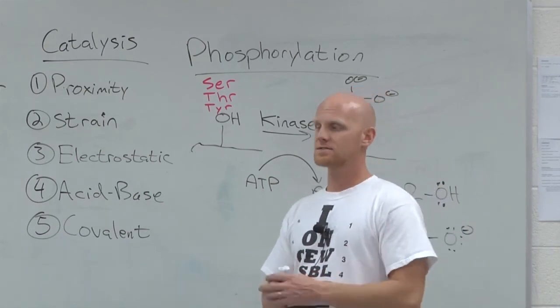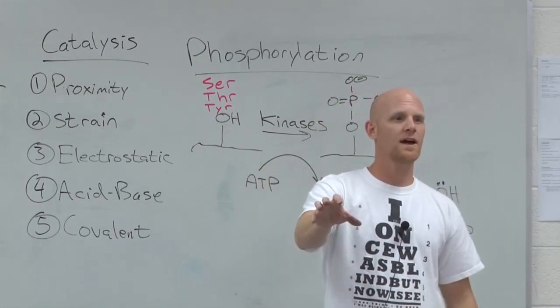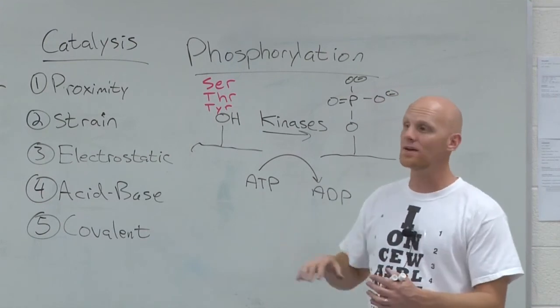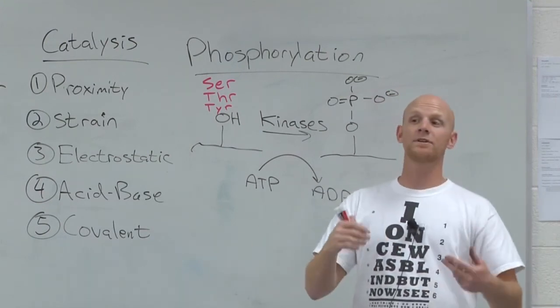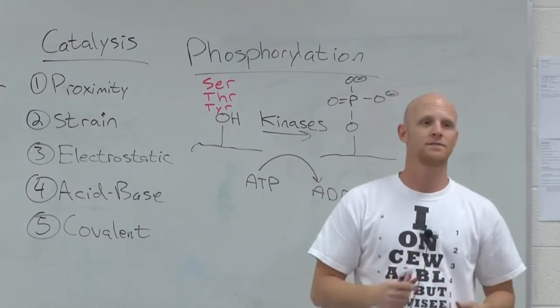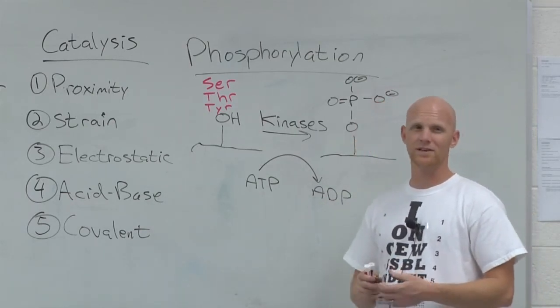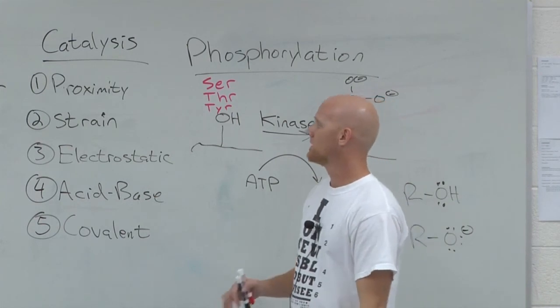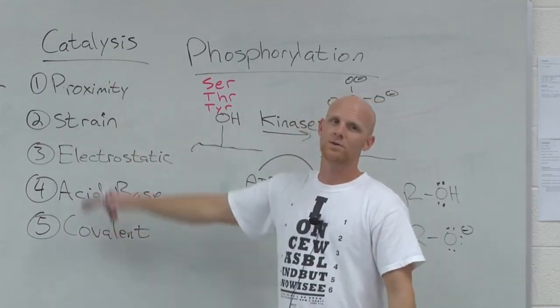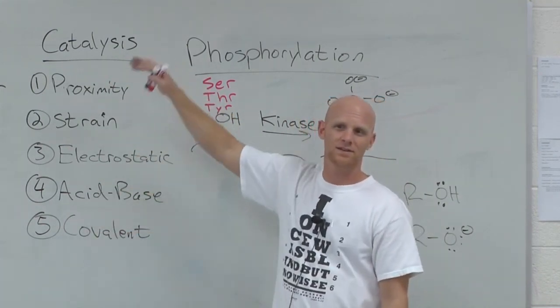Then when things are done, that bond's going to get broken. That way the substrate, which has now been converted into the product, gets released. So it's a temporary covalent binding, and that's pretty common here and there as well. Cool. But all these can be ways that enzymes affect catalysis.